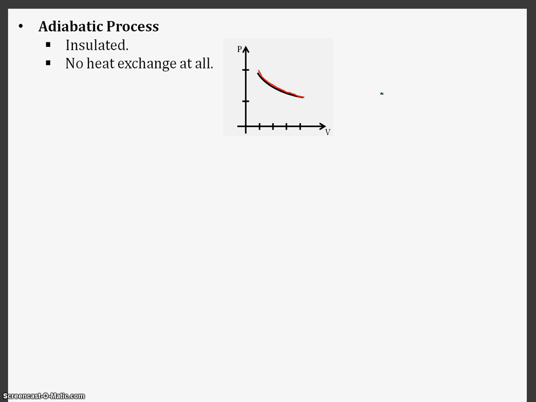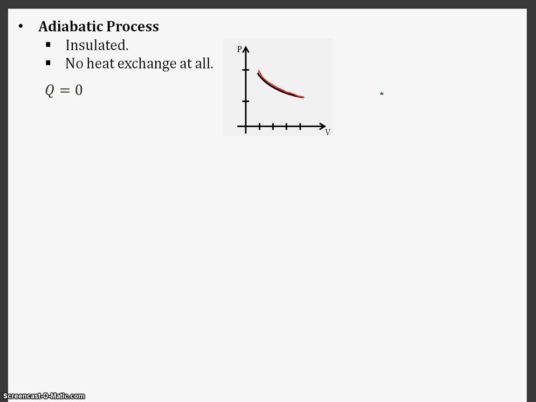An adiabatic process. An adiabatic process is a process where no heat is allowed to go in and out. It is totally insulated. Generally, an adiabatic process is a shallow curve on the PV diagram, kind of like this one here. It's insulated, and because of that, there's no heat exchange. So Q is 0, and since Q is 0, the only way you can change the internal energy is by work.